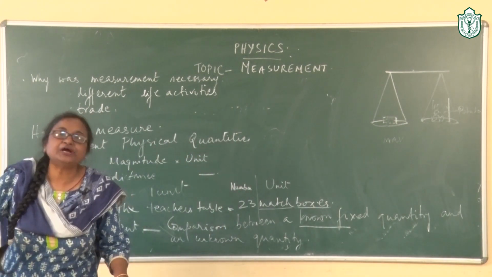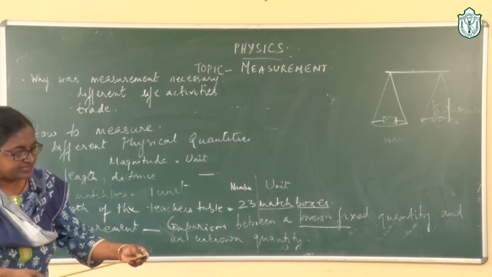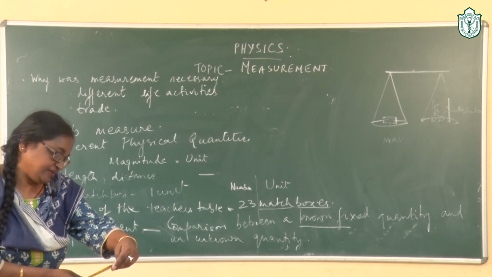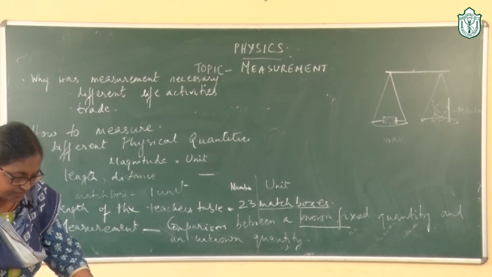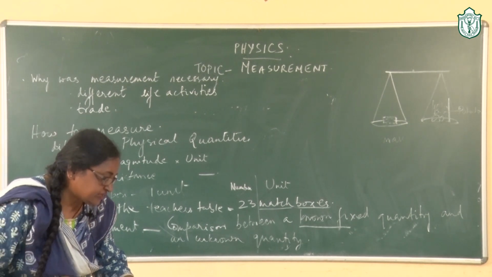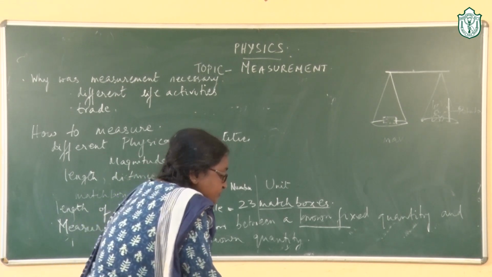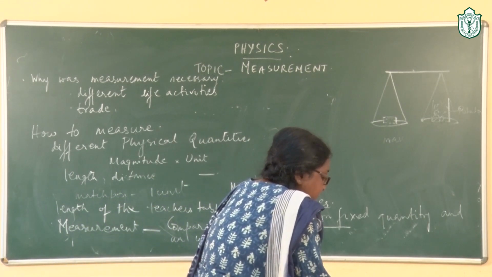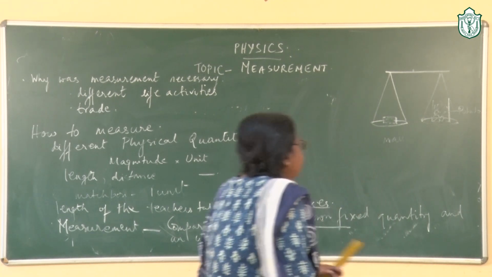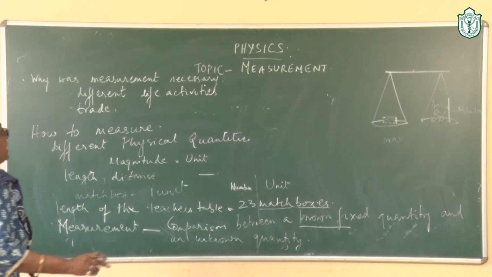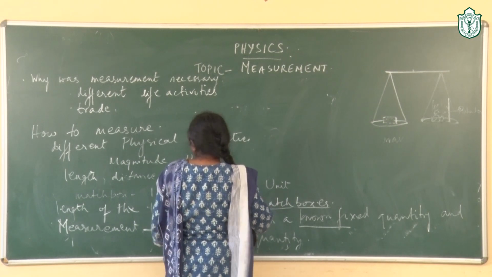Now let us use a ruler. This ruler is in centimeters and we take the centimeter side. We start from the 0 mark, 30, another 30, 2, 3, and 25. 90 plus 25, so many centimeters.